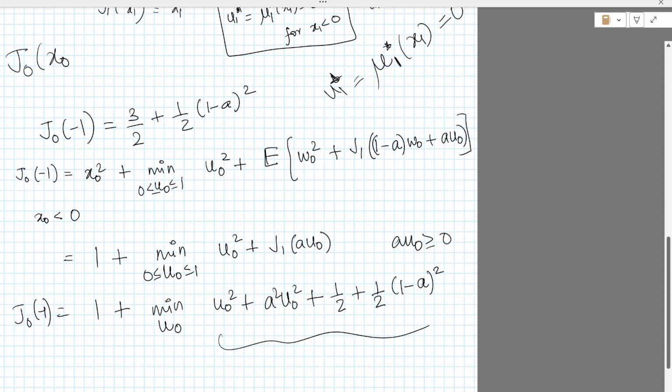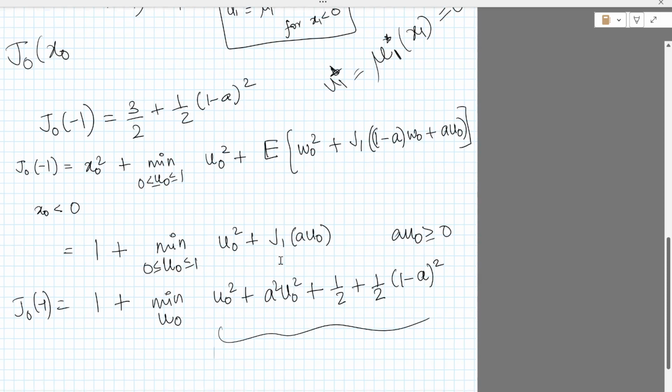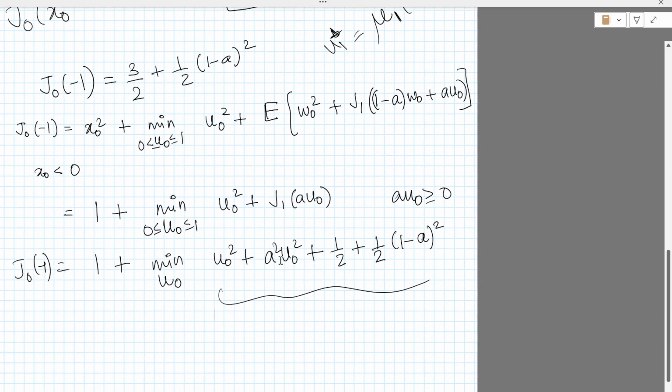So this is a quadratic in u naught, and if we minimize this, we will get u0 equal to 0.